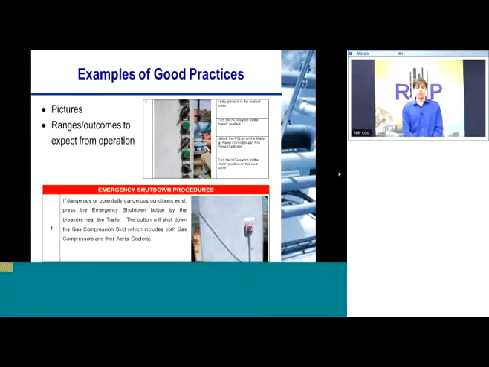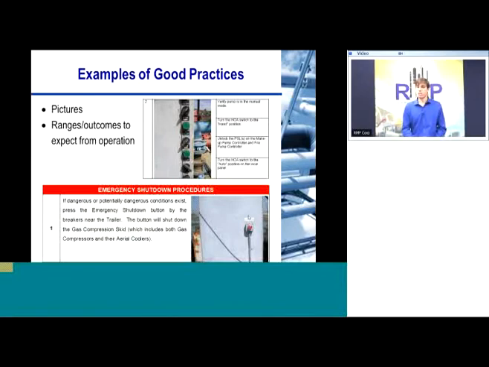But the step is to activate the ESD button, and then it notes the button will shut down the compressor skid, which includes the compressor and the cooler. So right away, someone that's walking through this procedure will note that if they push the ESD button and nothing shuts down, there's a criteria right there that they know that step failed in the procedure.